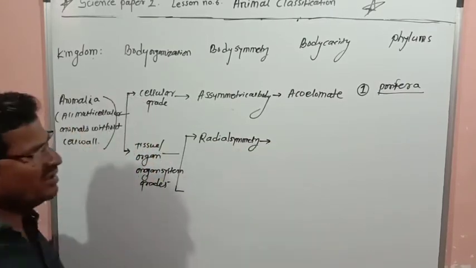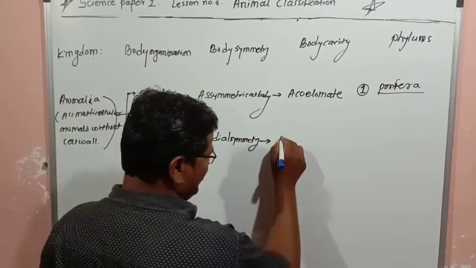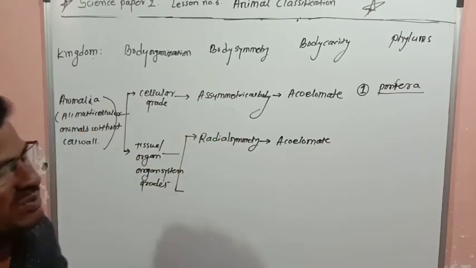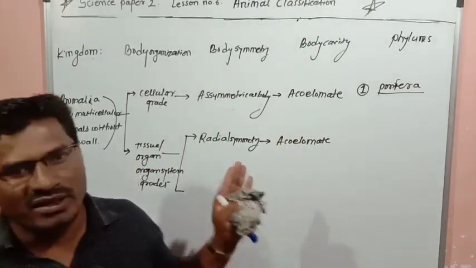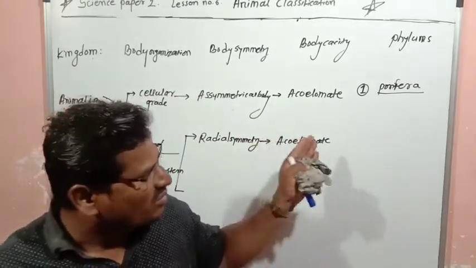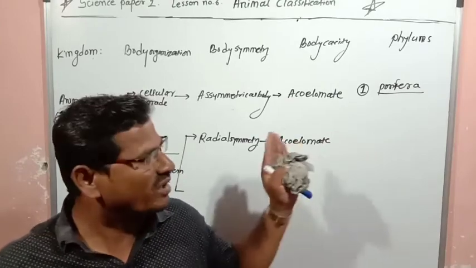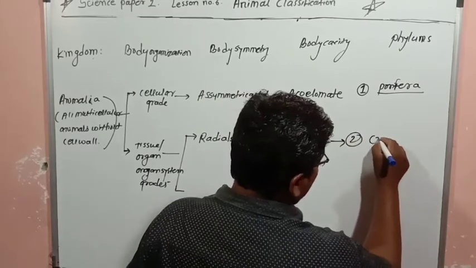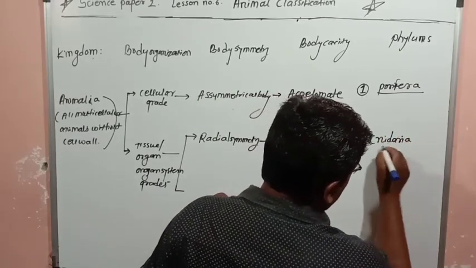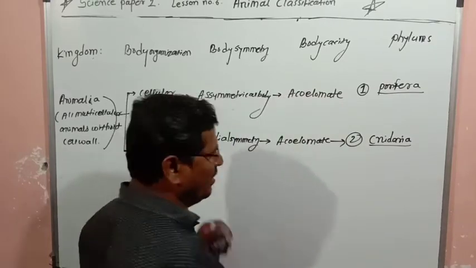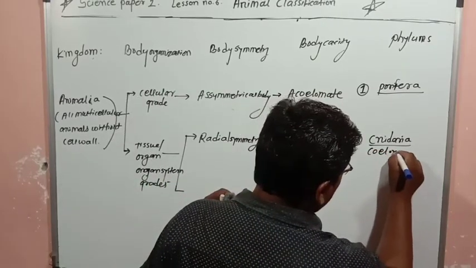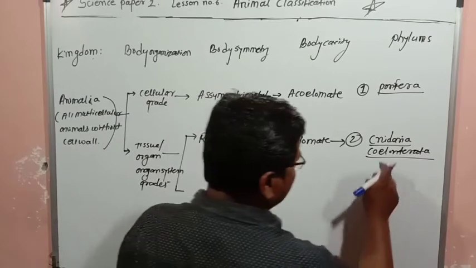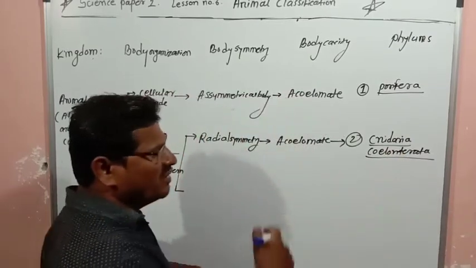In radial symmetry, the body cavity is acoelomate. Again, the phylum is Cnidaria, also called Coelenterata. We'll take Cnidaria.